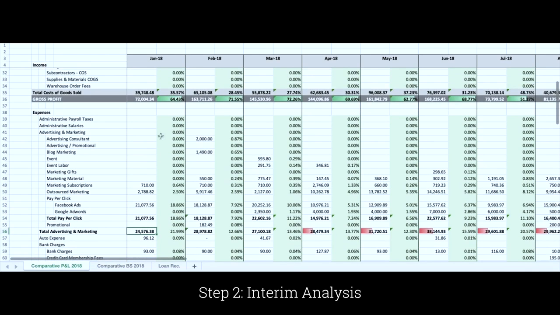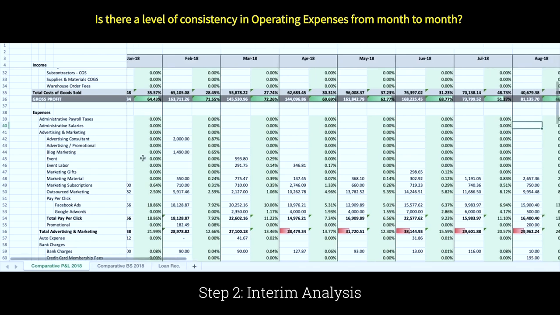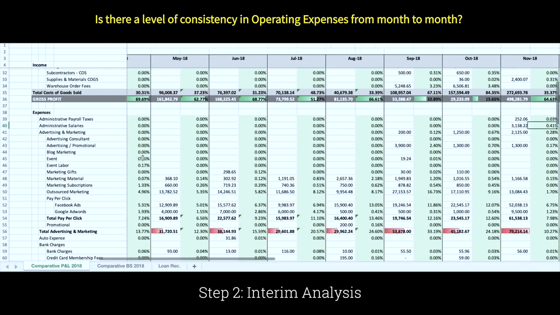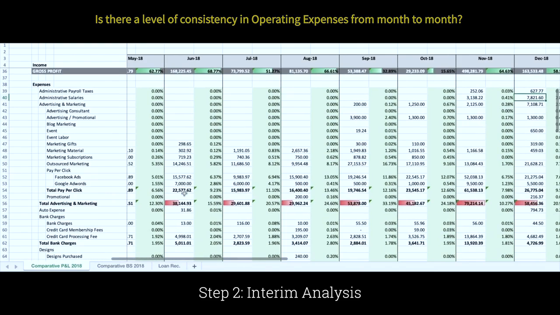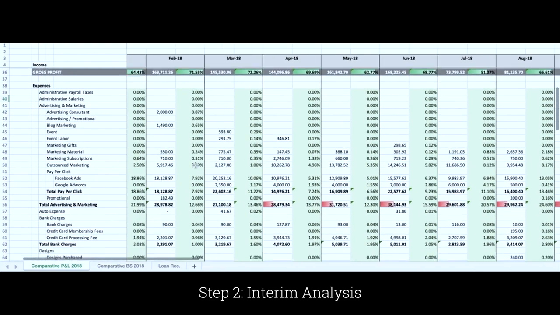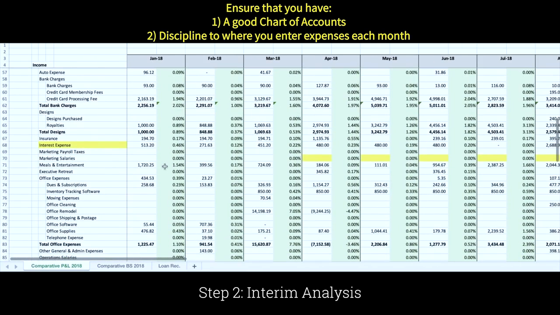There's some inconsistency with the way things are costed. We talked before about administrative salaries, how we don't have anything input for the year, and then all of a sudden we start to input things. And so we need to standardize on a good chart of accounts and have some discipline in categorizing each expense to the right account.